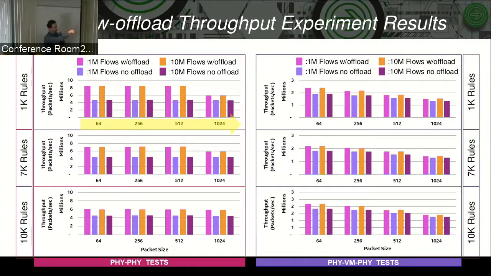So on the x-axis, you have 1K, 7K, and 10K rules, just to give you a flavor as to what happens even if the rules don't fit into hardware. The savings or performance improvements seem to be consistent across different packet sizes, except for maybe when you reach line rate. I believe the experiments for 1K packet size are reaching the line rate, so you don't see much more than that.